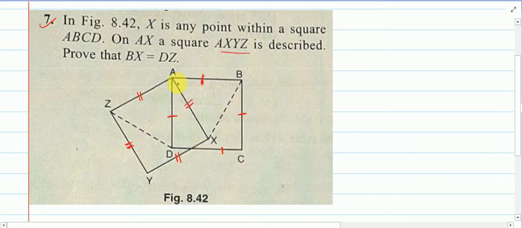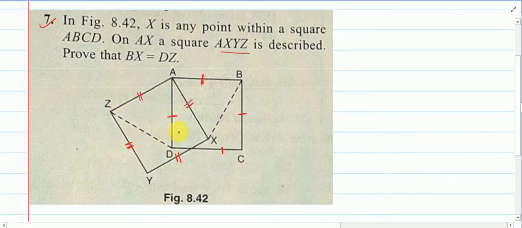Okay, what we are supposed to prove, BX equal to DZ. So you can see BX is here and DZ is here.